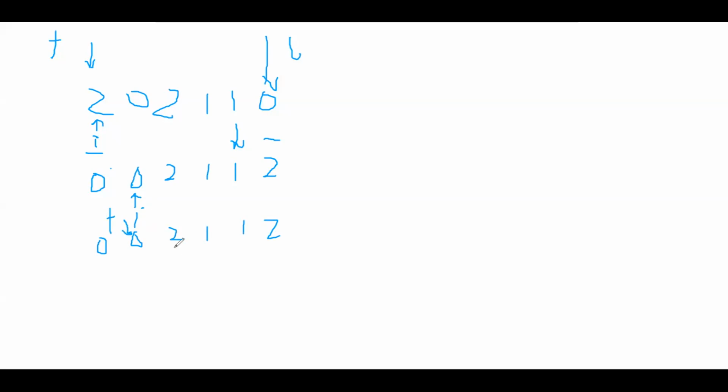And at this time, i moves to the 2, and we see the 2 is swapped with the last color. So we get 0, 0, 1, 1, 2, 2. And i moves to this one.